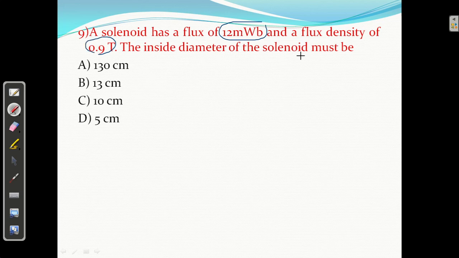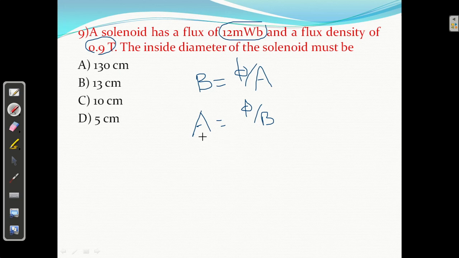The inside diameter of the solenoid must be equal to what? B equals flux upon area, B equals phi upon A. So you can find the area. Area equals phi upon B.